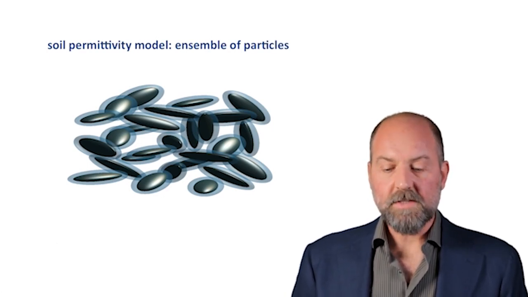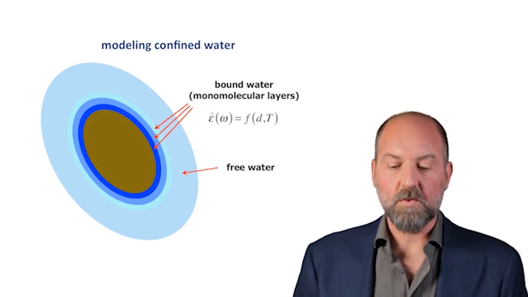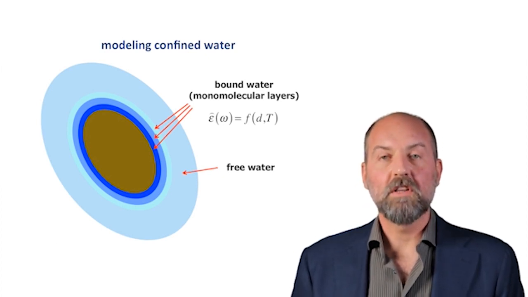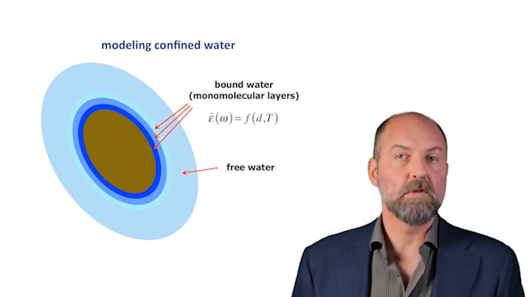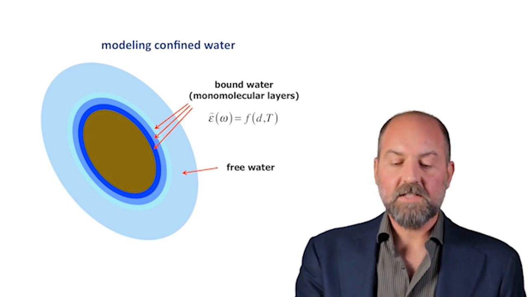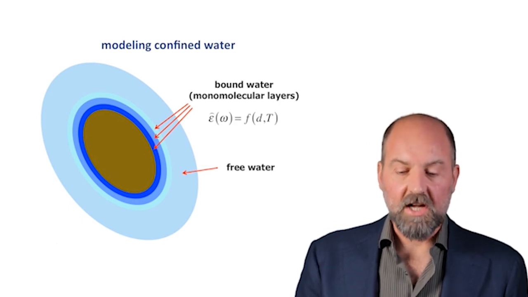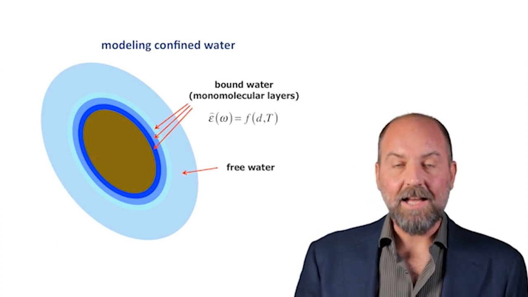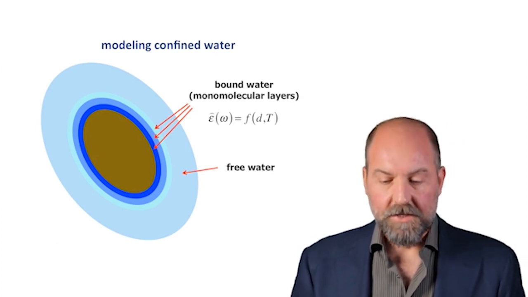Now, the interesting aspect of this model is that we can account for the different permittivity that bound water displays compared to the bulk water. And in fact, here the water shell surrounding the particle is added one monomolecular layer at a time.